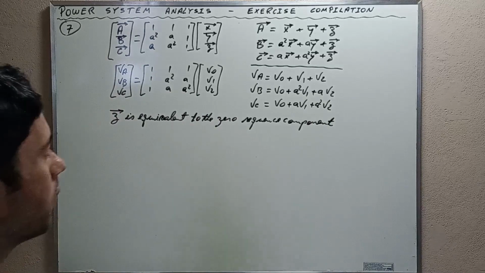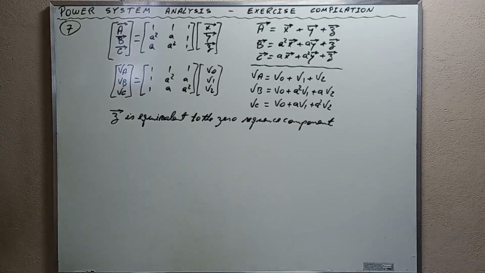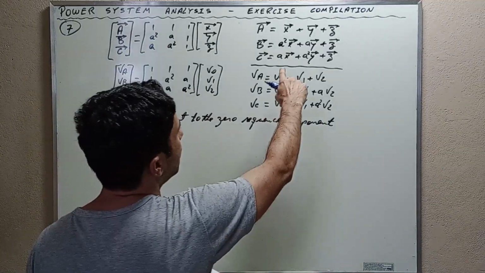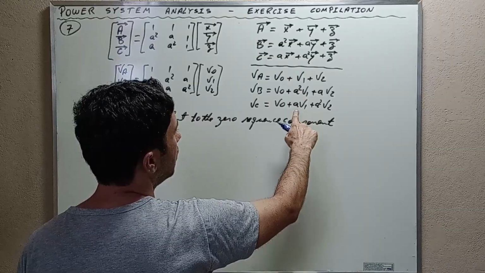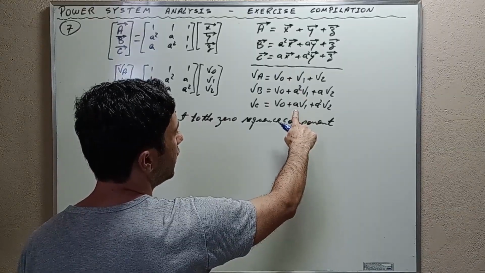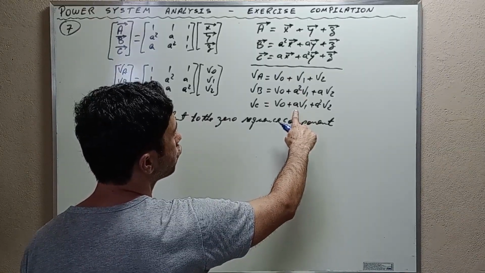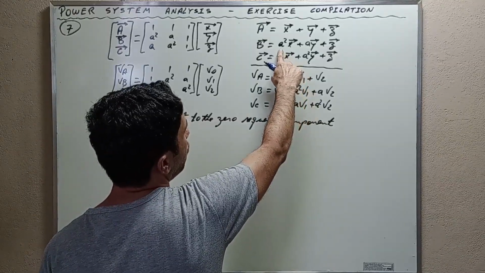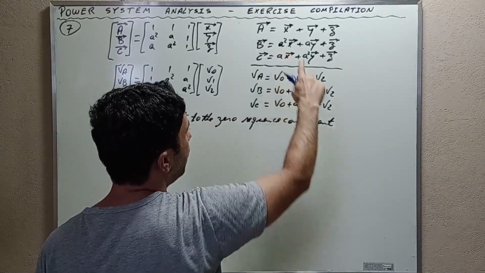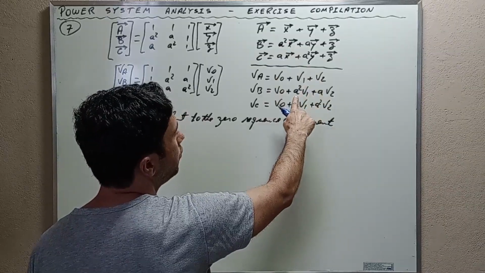Okay? Now let's take a look at X. For C I have AX. For C I have AV1. For B I have A squared X. For B I have A squared V1.